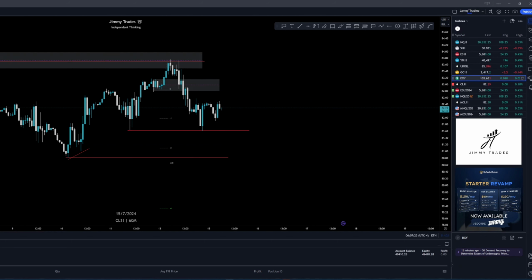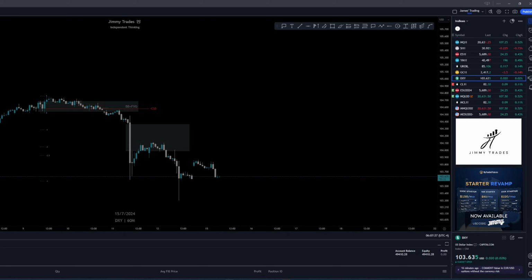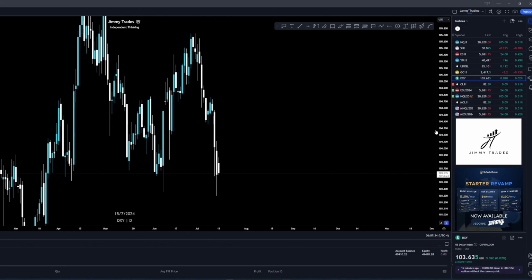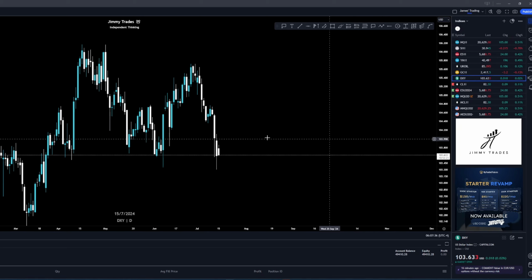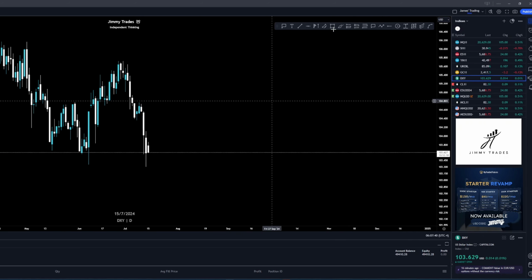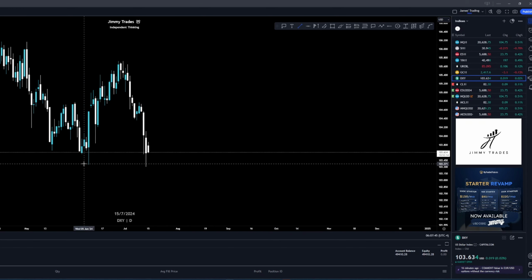Okay, DXY, let's go. The daily, what do we got? Okay, so we did sweep external. We weren't able to close below that level.